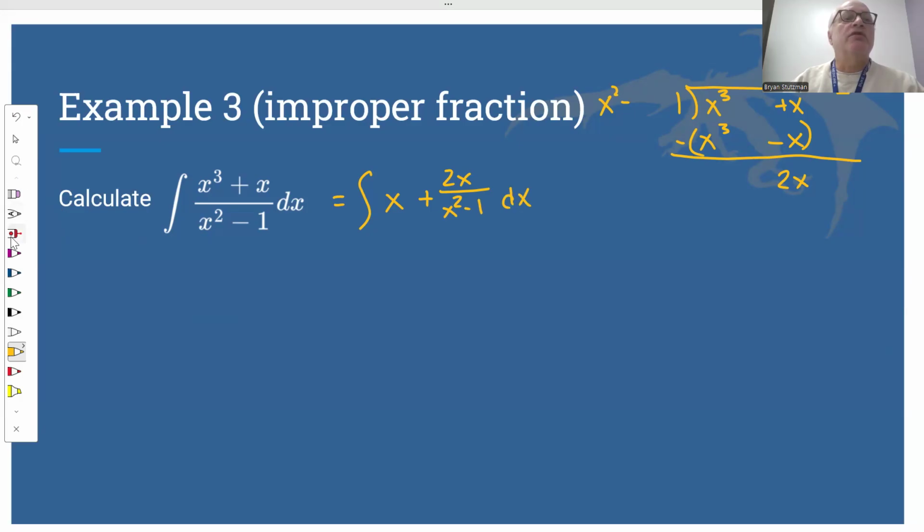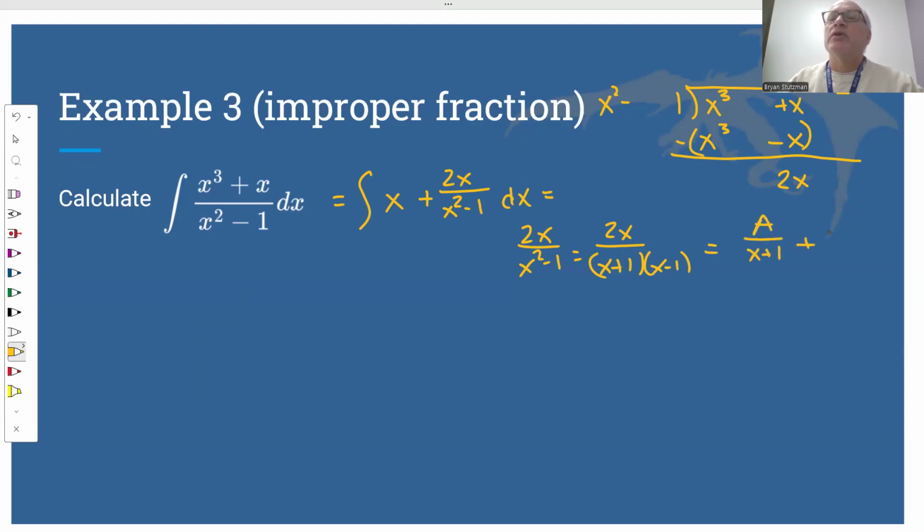Now I'm going to have to do something to find out what that antiderivative is. You may be able to use u substitution. Actually, you can, but I'm going to use partial fraction decomposition. Let's figure out what 2x over x squared minus 1 is. 2x over that difference of two squares, x plus 1 times x minus 1, or some constant over one of my factors plus another constant over my other factor.